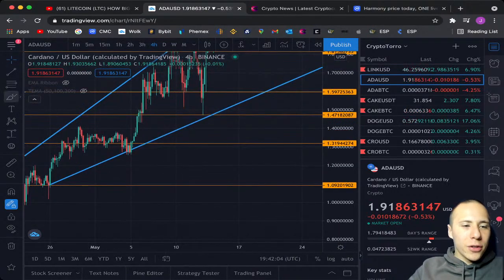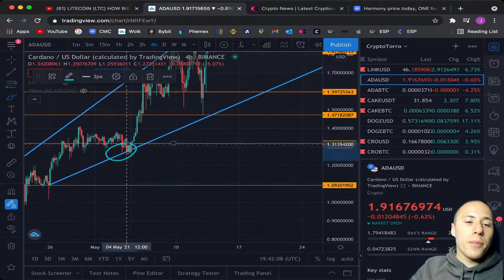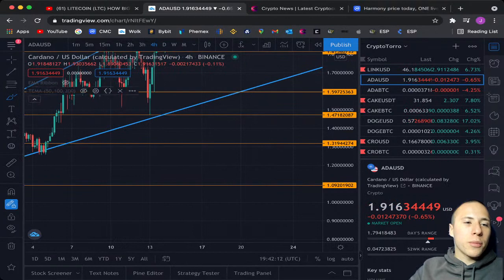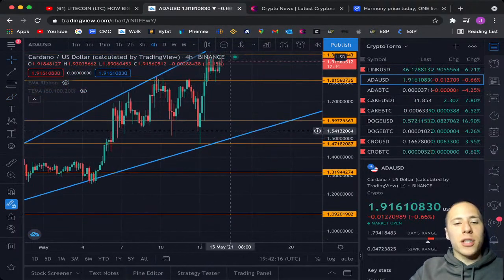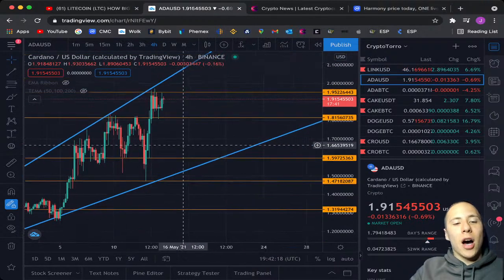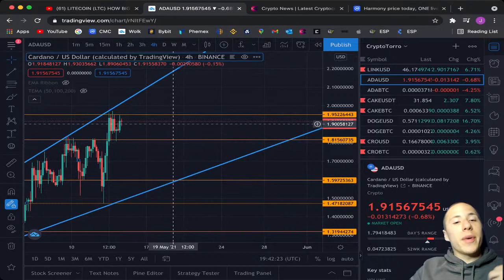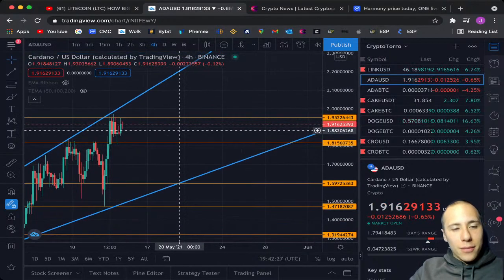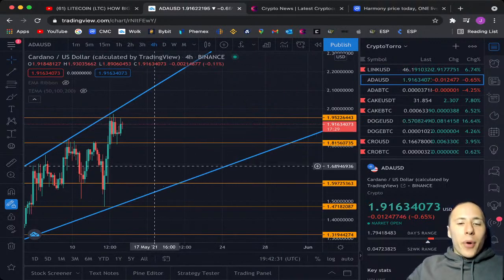We already had 2 touch points in the past, and as I always say, it's very important to have as many touch points as possible on an upward sloping support line, because the more touch points you have, the more significant this upward sloping support line will be, and the more significant it will be in the future as well, once Cardano would like to break back towards lower price targets.